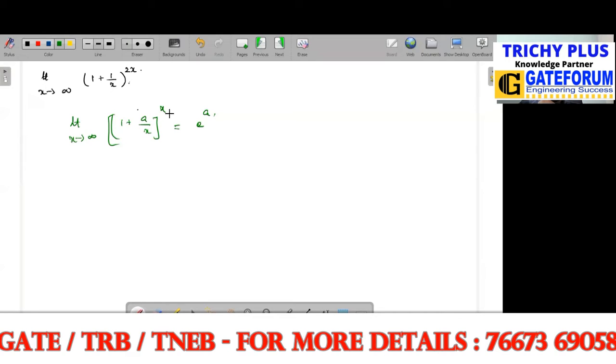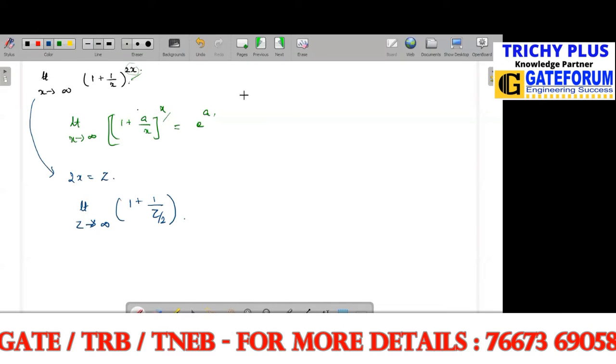Right. So they kept only x here, right? So x in terms of z is nothing but z by 2, correct?